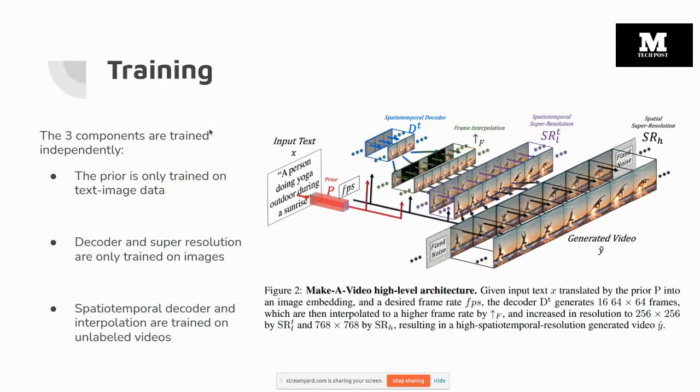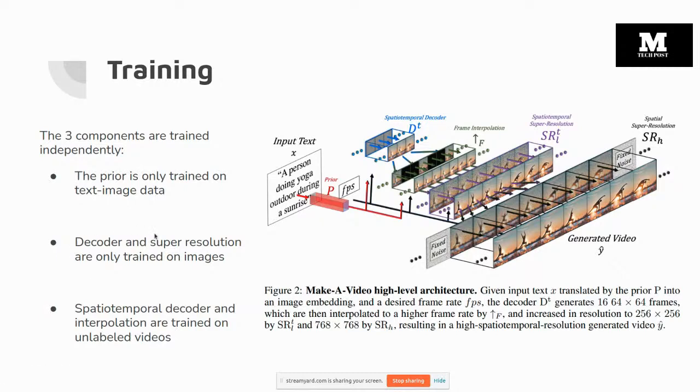So to train the full model, you need basically these three components that we have just seen: the text-to-image model, the spatio-temporal decoder, and the frame interpolation network. These three components, as the authors stated in their paper, are trained independently. The text-to-image model is first trained.